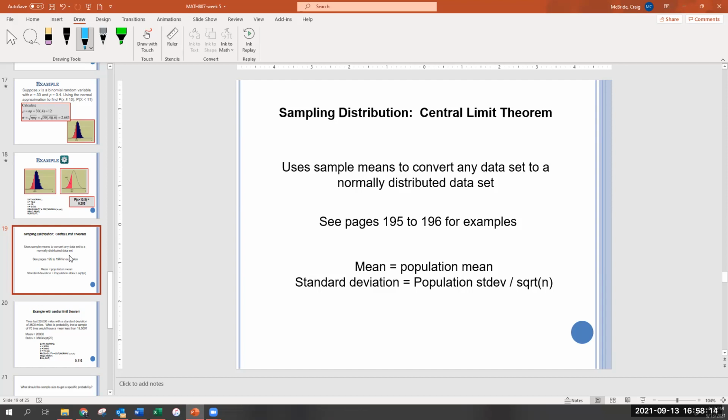And the other thing it tells us is that if you have a sample of data and you want to know what's the probability that if I grab 5 things and look at the average of those 5 things, that value is above something or below something, all that I have to do is take the statistics from my sample and tweak them based on the size of the sample that I'm looking for.